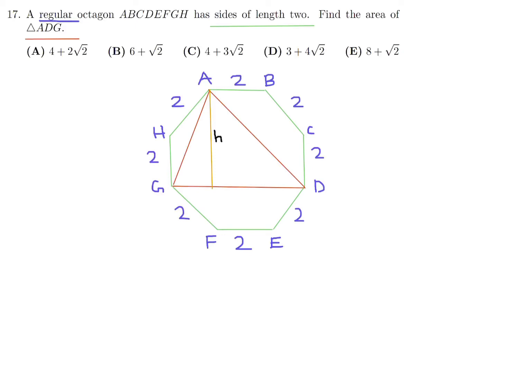And then the base, of course, is GD. Let's see what we can get from this diagram, and hopefully there's some symmetry here, which of course there is. Not perfectly drawn to scale, but that's okay.